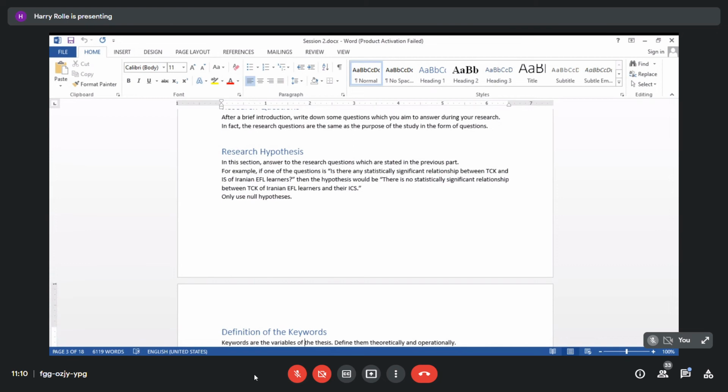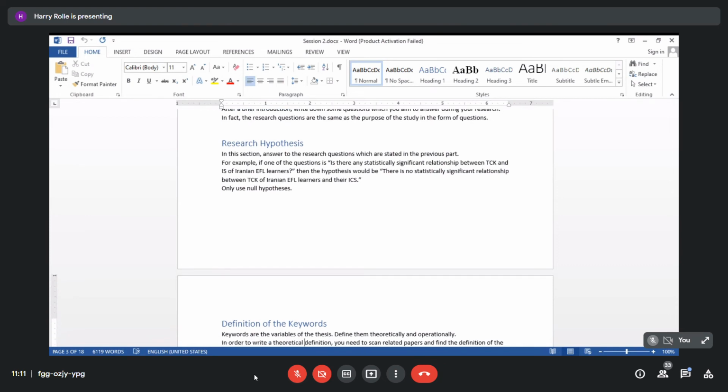So is there a statistical significant relationship between the two? So pag wala, sinabi mo wala po, di null hypothesis mo, walang pagkakaiba. So that's the hypothesis.